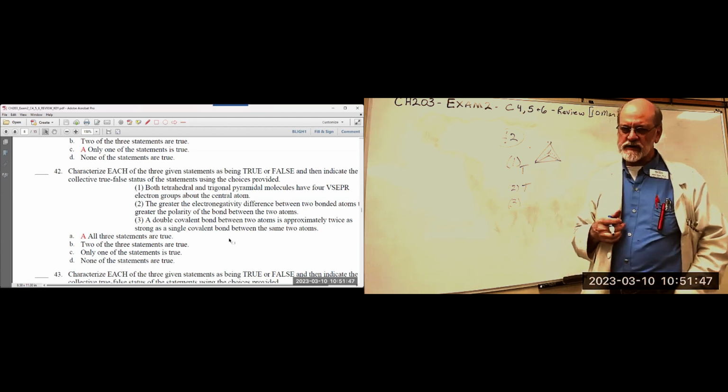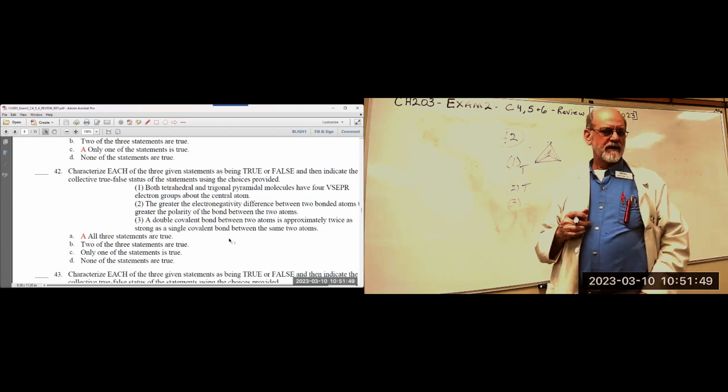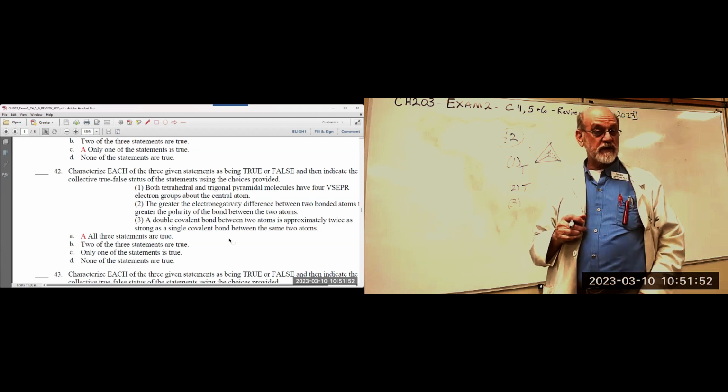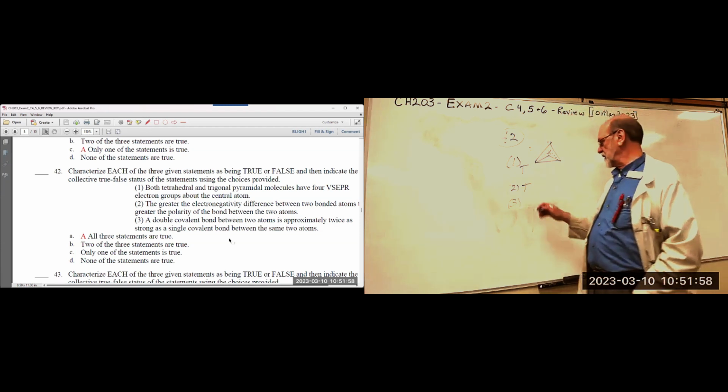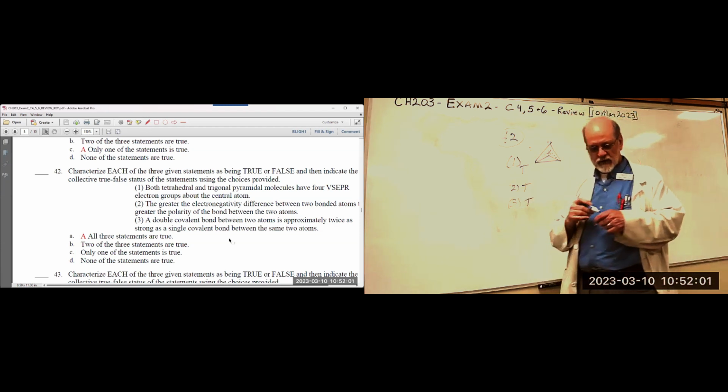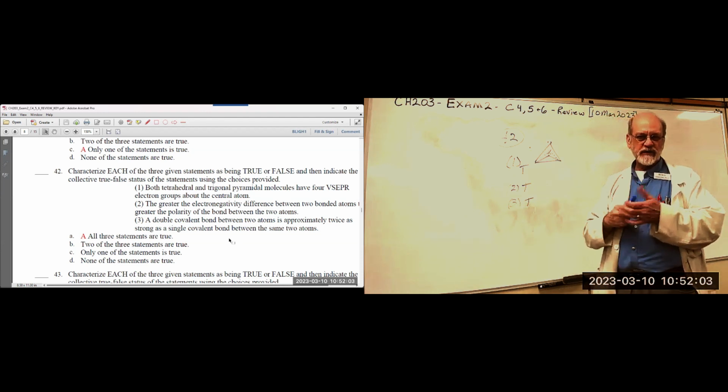The qualifier there is approximately. Yeah, it's approximately twice as strong, but not exactly twice as strong. Okay. That's the way you get around that one. So with that wording, 3 would be true. Approximately twice as strong.